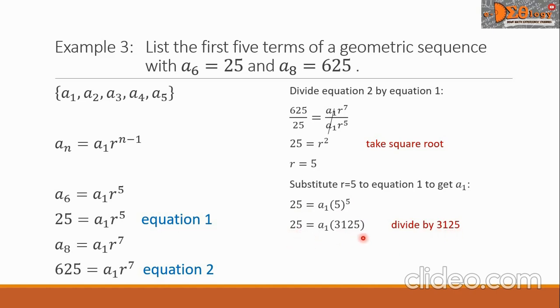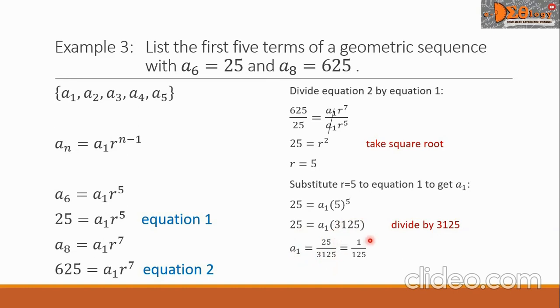While on the right side, if we divide this by 3,125, this coefficient will cancel. So we have a sub 1 equals the 25 over 3,125. If we reduce this to lowest term, meaning let us divide both numerator and denominator by 25.